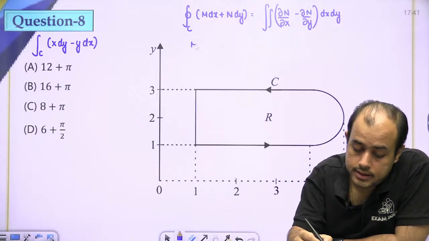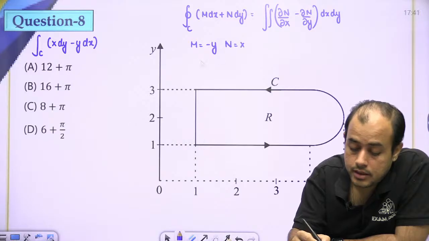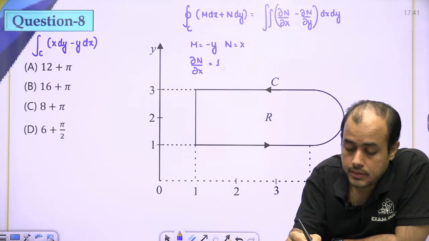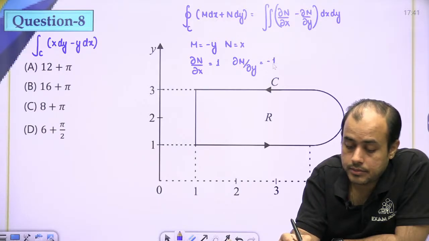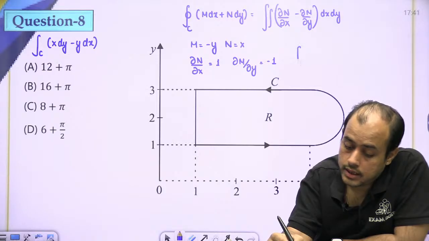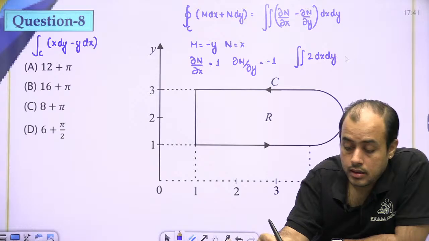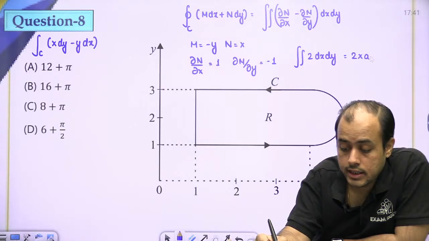Okay, so in this case beta, m is minus y, n is x. So del n by del x is 1. Del m by del y is minus 1. So that means 2 times dx dy. The integration of dx dy is the area.